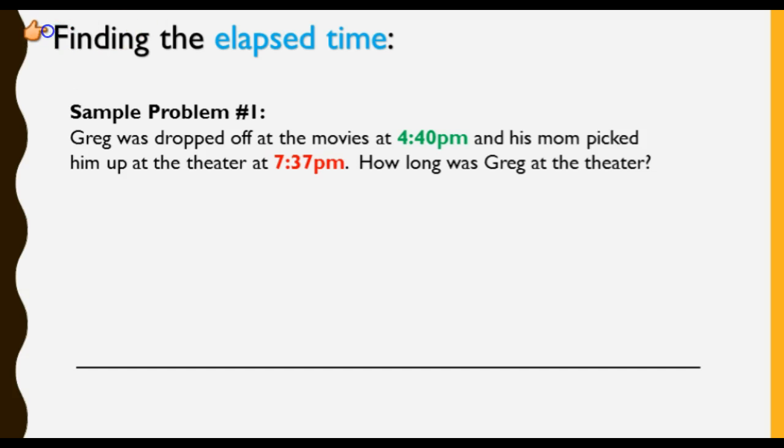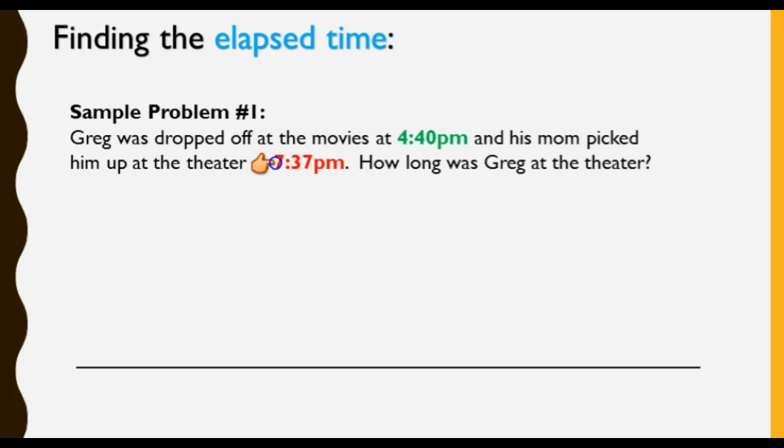So let's start with one where it's asking you to find the elapsed time. I really want you to pay attention to the coloring of the words. So elapsed time, I have color coded with blue. The beginning time I color coded with green, like in a stoplight, green means go, that's the beginning.